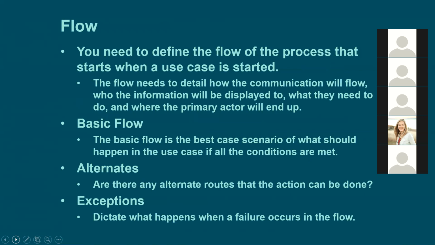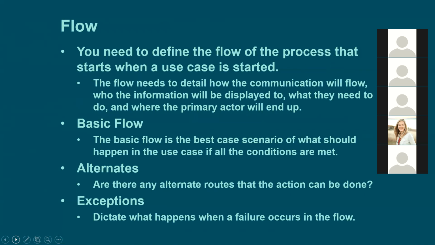Flow. You need to define the flow of the process that starts when a use case is started, and it needs to detail how the communication will flow, who the information will be displayed to, what they need to do, and where the primary actor will end up. You could have what they call the basic flow.